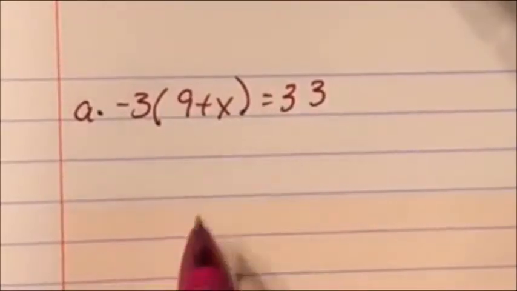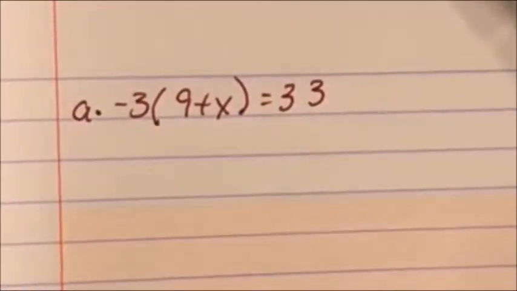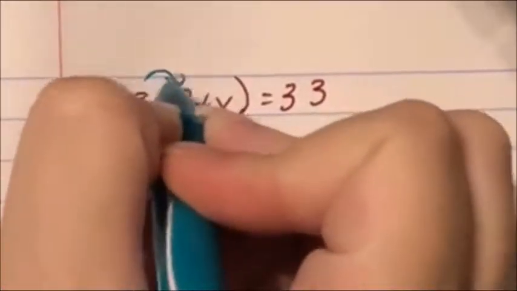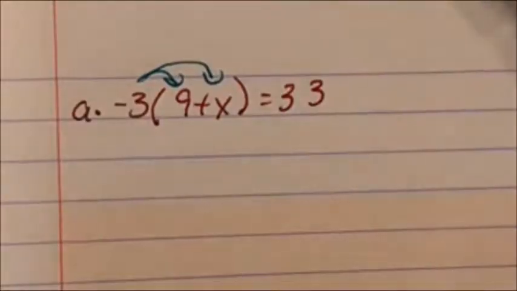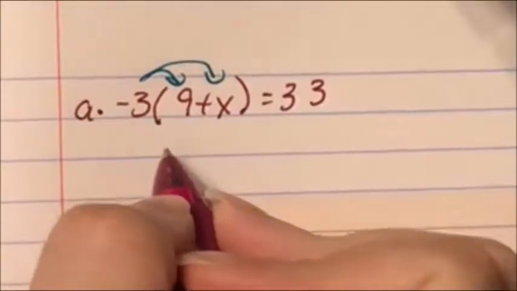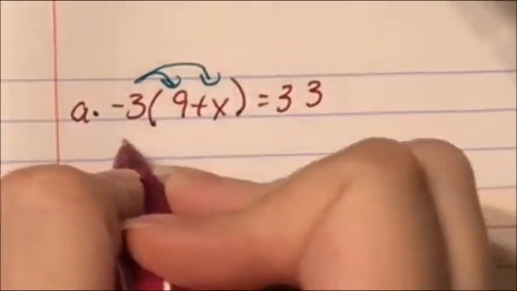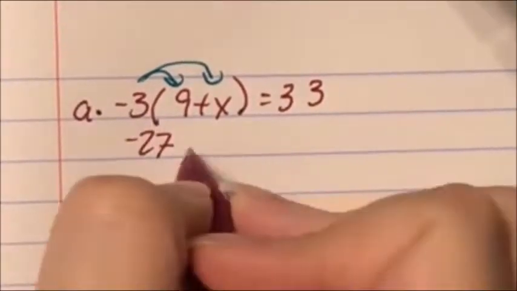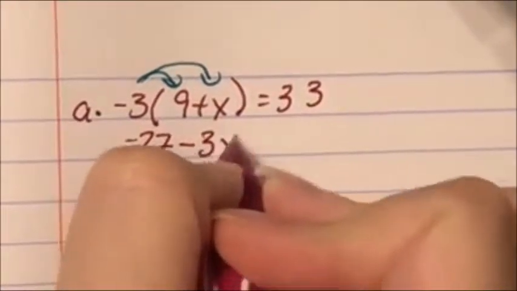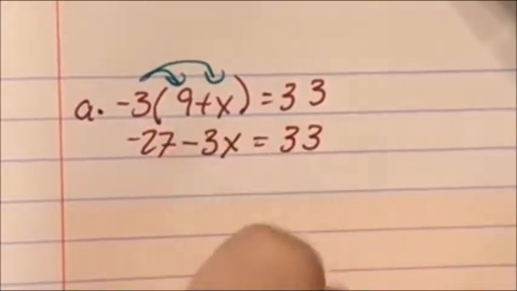Then I want to use the distributive property to distribute this negative 3 to everything inside my parentheses. Negative 3 times 9 is negative 27. Negative 3 times x is negative 3x equals 33.